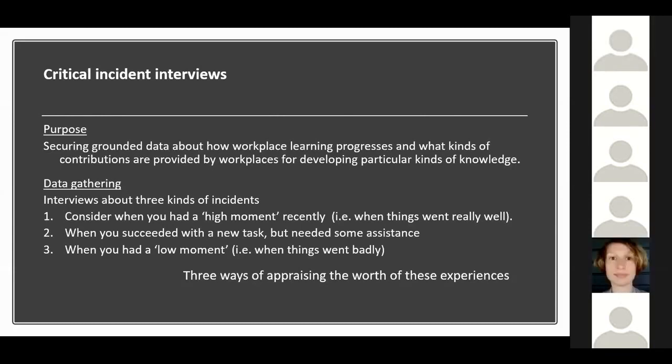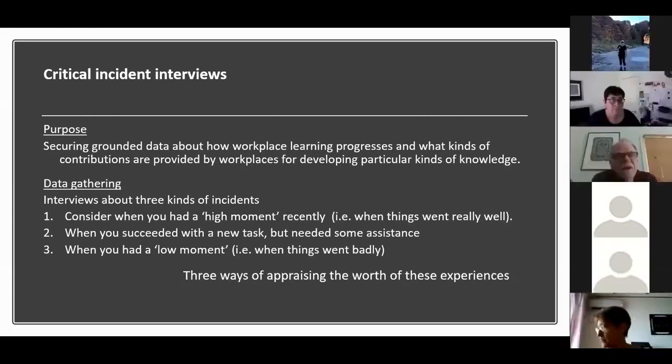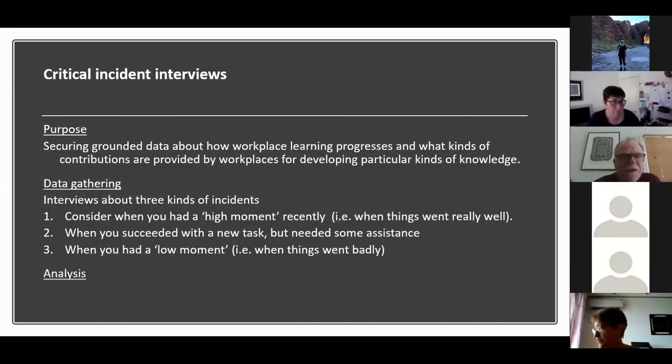So you can probably see that these 3 questions, although they're distinct, are all directed in a triangulated way to understanding what was helpful when things went well, what was needed when you weren't able to quite complete a task, and when things went terribly, what was lacking. So it's all directed towards trying to understand the worth of the educational experience in the workplace.